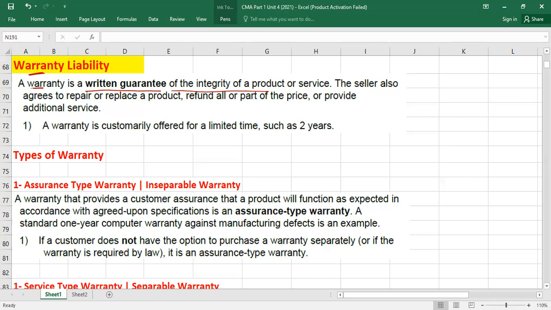This warranty is for the product specification. If the product has any issue, you can bring it to the seller and claim the warranty. He might fix the issue, or he might replace the mobile. So this is called warranty. It's a written guarantee of the integrity of a product or service.